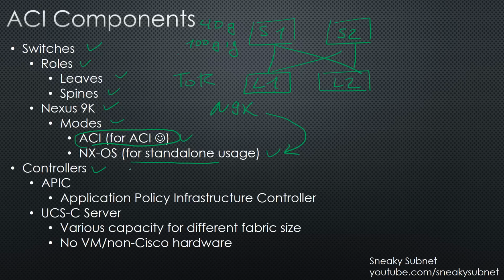The second component is the APIC controller. APIC stands for Application Policy Infrastructure Controller. It is the brain of the entire ACI system and should be deployed in high availability fashion with 3 or more controllers, which form the APIC cluster.